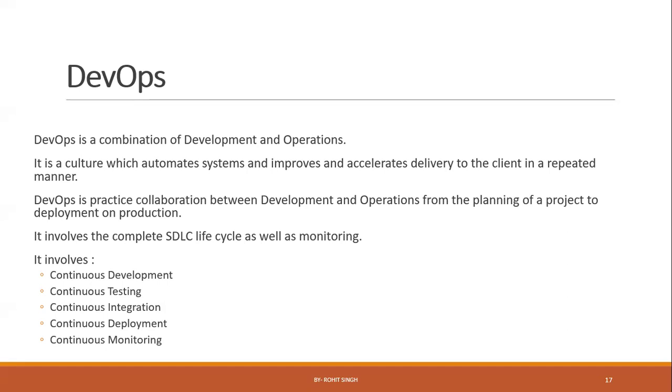DevOps is a practical collaboration between development and operation, from the planning of a project to deployment on production. The steps are continuous development, testing, integration, deployment, and monitoring.